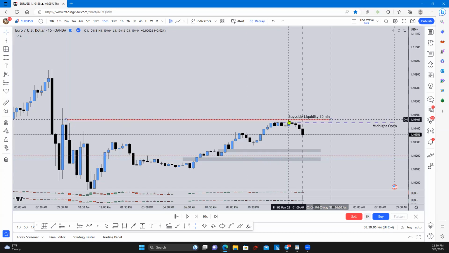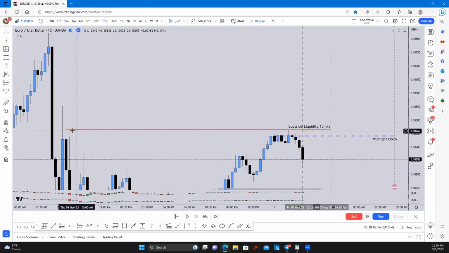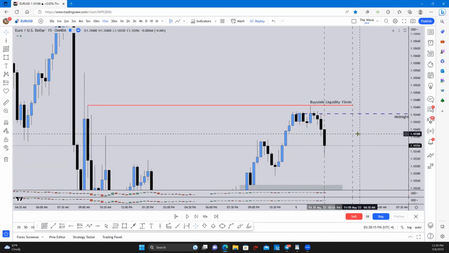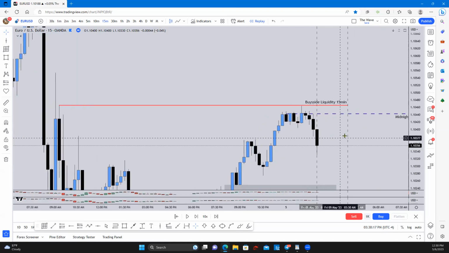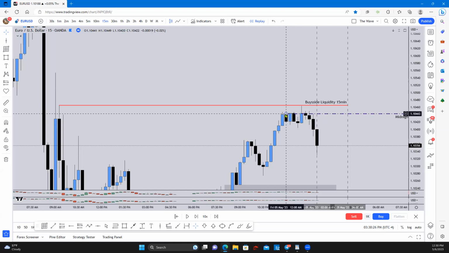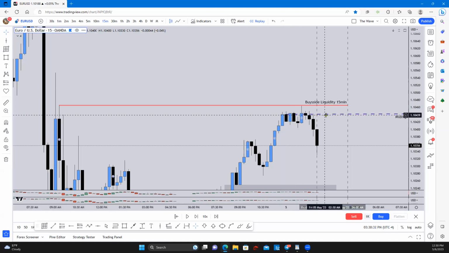This is where liquidity is resting, just above these equal or relatively equal highs. You can even make an argument that these two bearish candles have relative equal highs too. And this is our midnight opening price, on this bearish candle here.